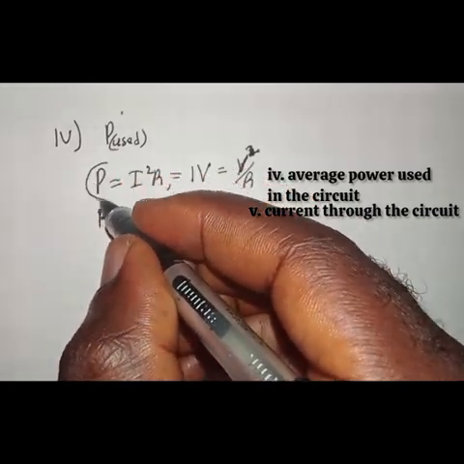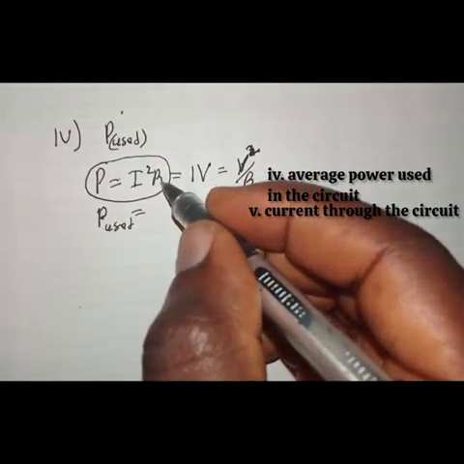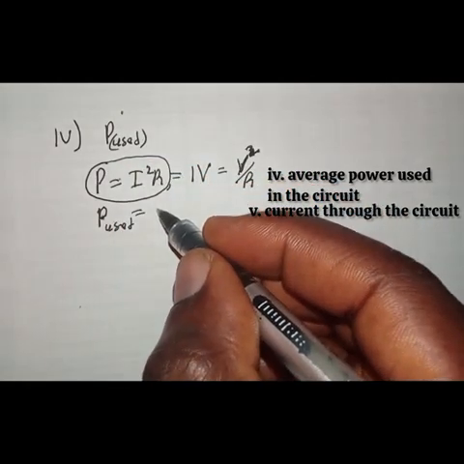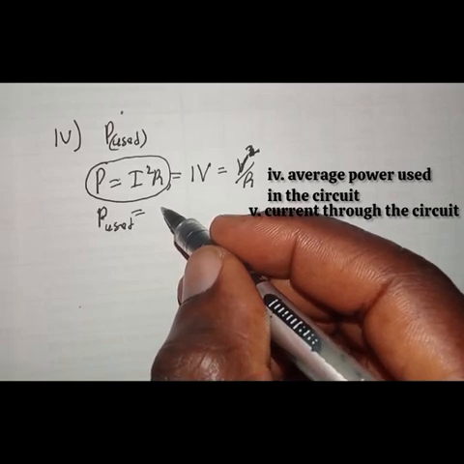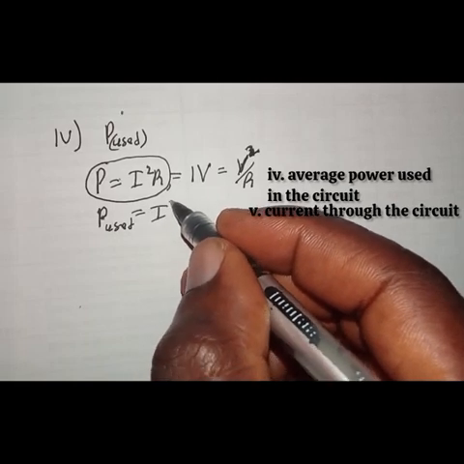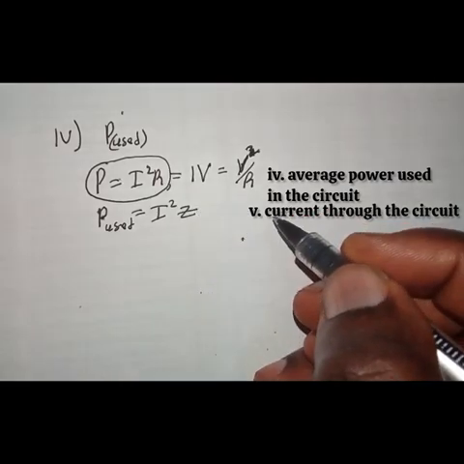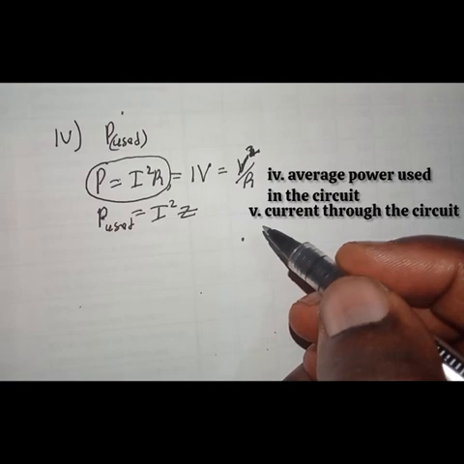So it is going to be I squared Z that we are going to use to determine that.